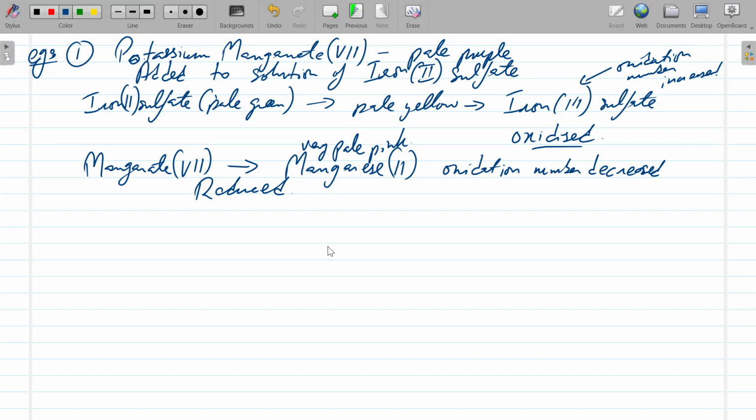And they give another example of potassium iodide, which is a common reducing agent, and it is oxidized. It changes color, goes from colorless to yellow-brown.